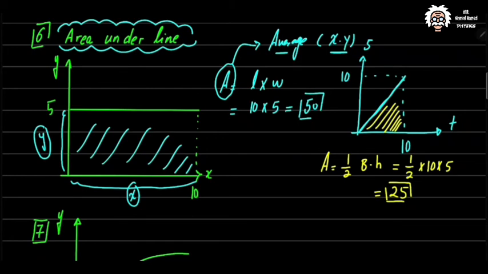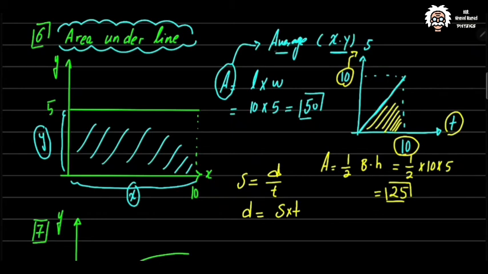What does the number 25 represent here? We multiplied the 10, which is a speed, by the 10, which is a time. If we remember the equation, the speed is equal to the distance over the time. If we make a cross multiplication, it will give us distance equals speed times time.